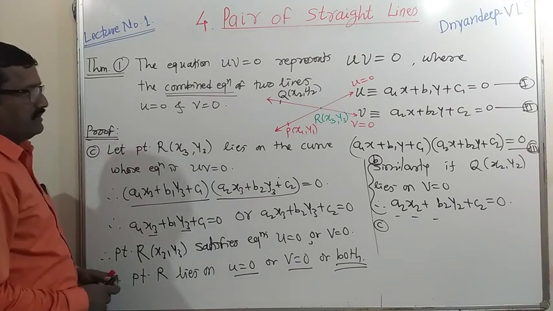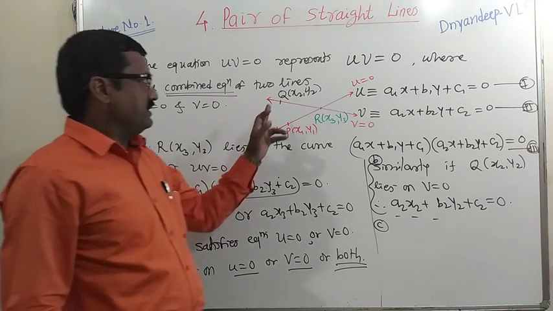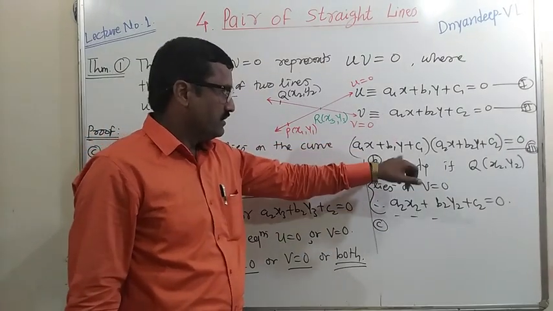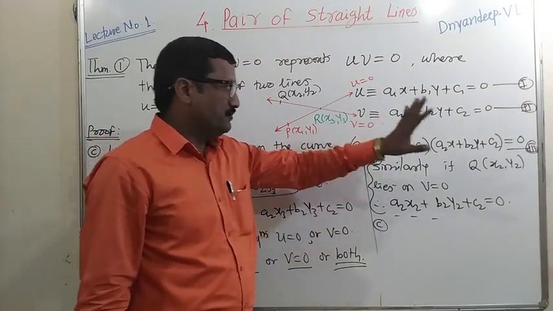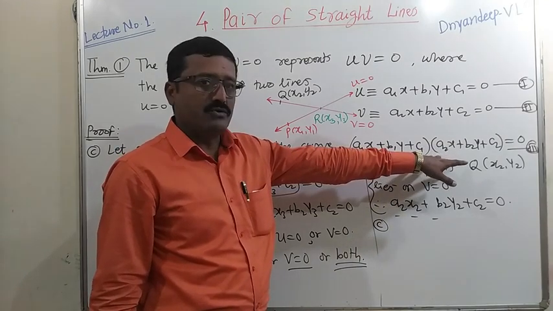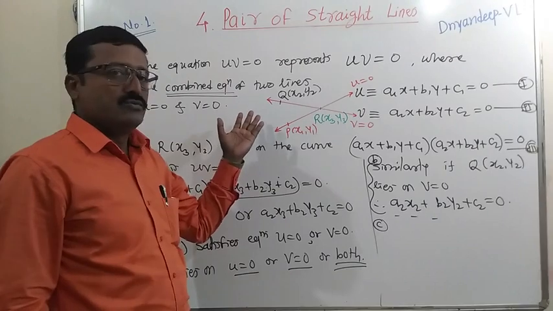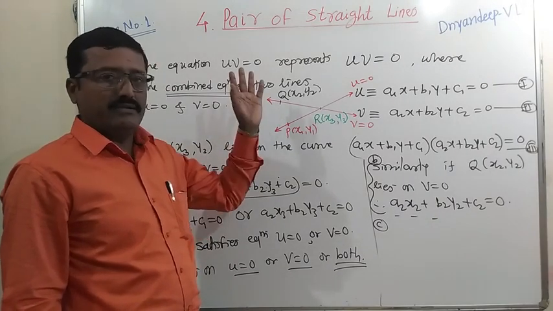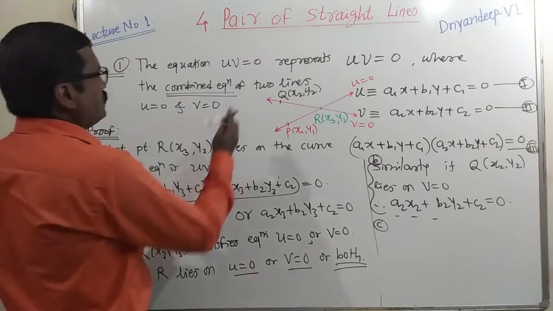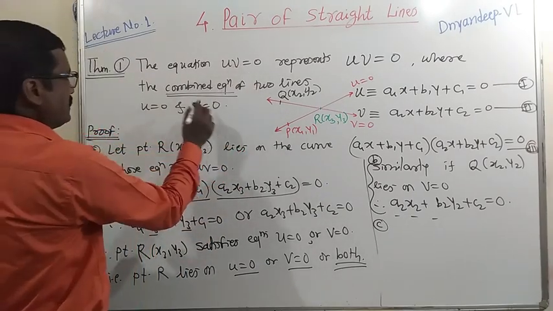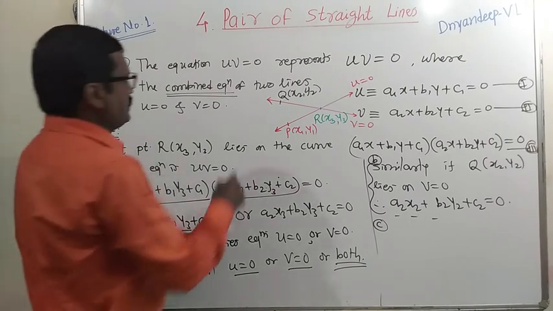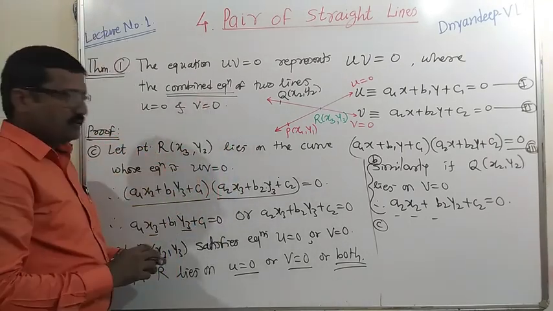So whenever, in the first and second parts, we take a point on either one line, it satisfies the equation uv = 0. And if we take a point whose coordinates satisfy the equation uv = 0, it lies on either line u = 0 or line v = 0. Therefore the equation uv = 0 represents the combined equation of two lines.